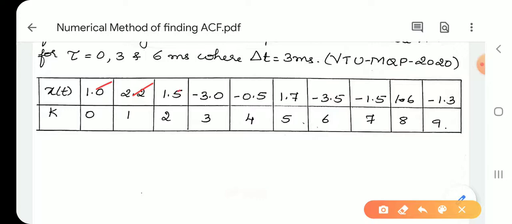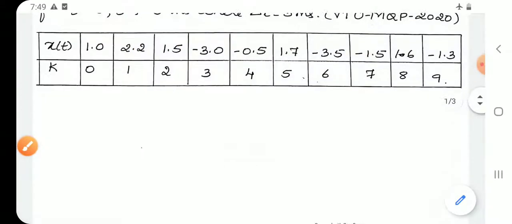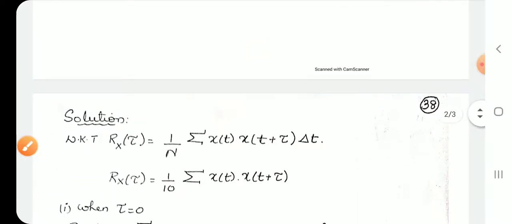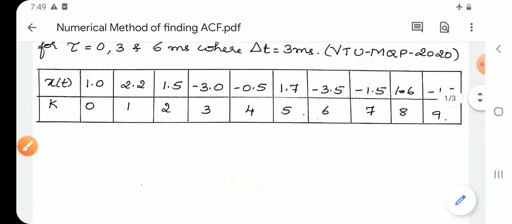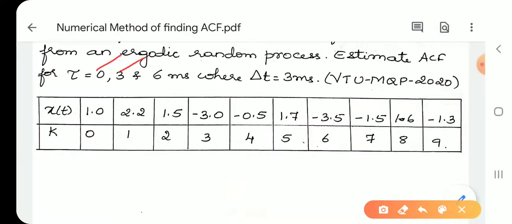It is 1, 2, 3, 4, 5, 6, 7, 8, 9, 10. So the number of trials is 10, the value of n is 10. We are asked to find the value of ACF for different values of tau, that is 0, 3, 6. So we have to find 3 cases.